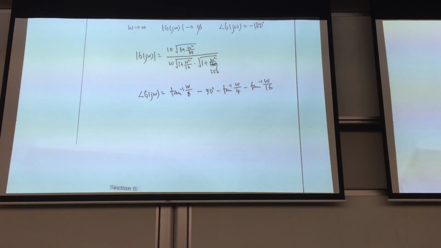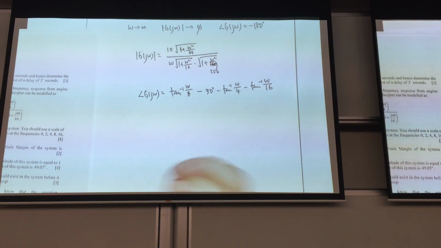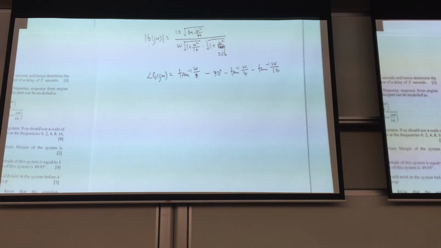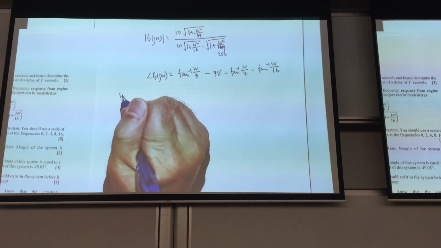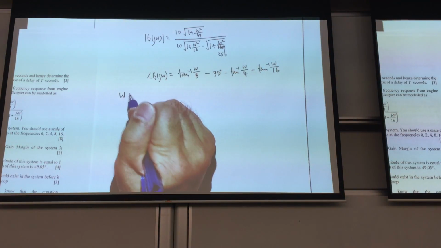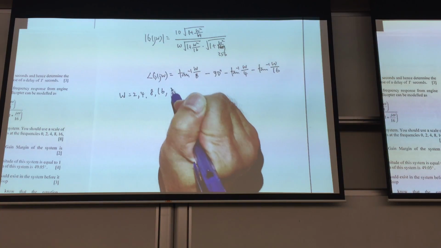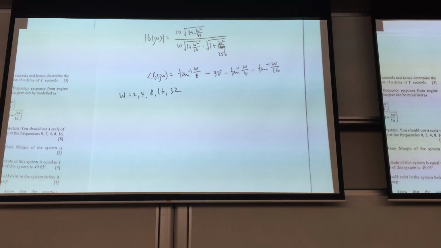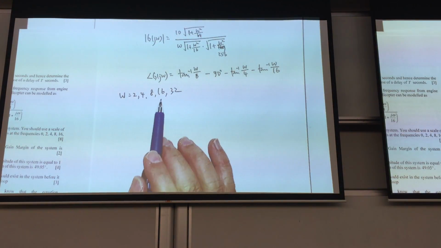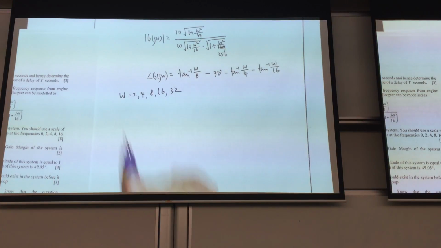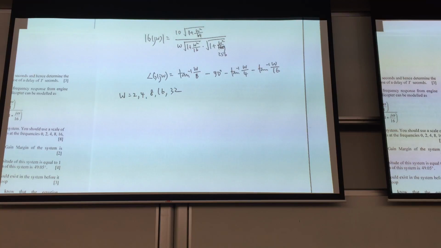So these are the two equations you need to work out the rest of the points, at omega equal to 2, 4, 8, 16, and 32. Omega equal to 0 we have worked out. So that is 5 frequencies, 5 times 2, 10 points. This is only the first part of it.